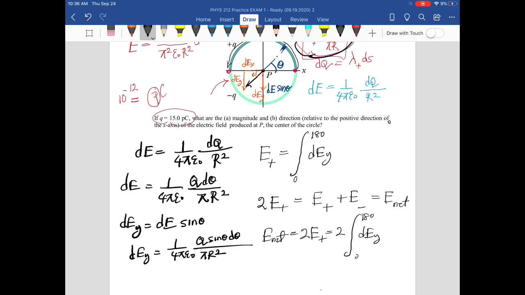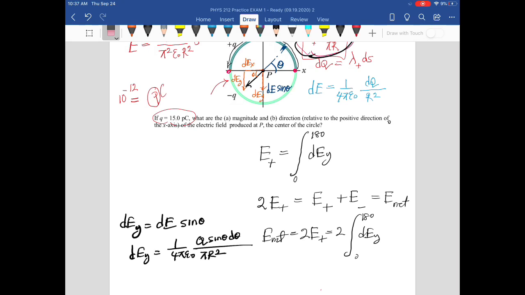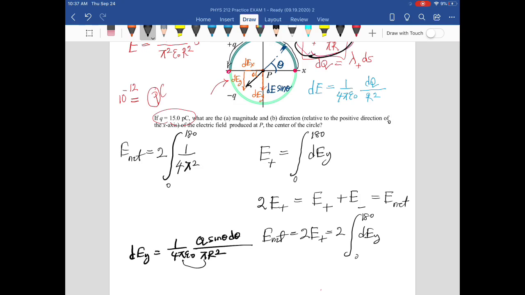So E net equals 2 times the integral from 0 to 180 of dEy, which is 1 over 4 pi squared epsilon naught r squared, q sine theta d theta.